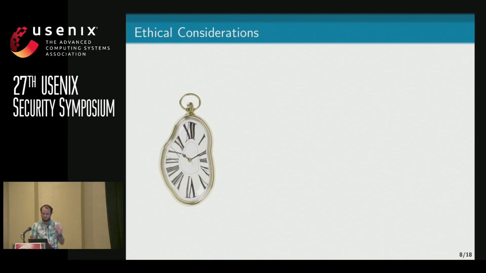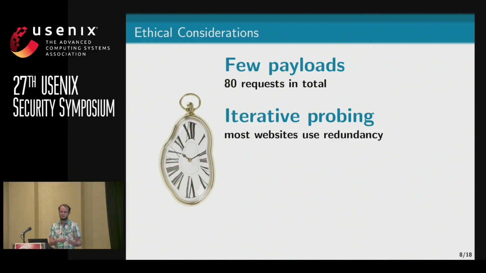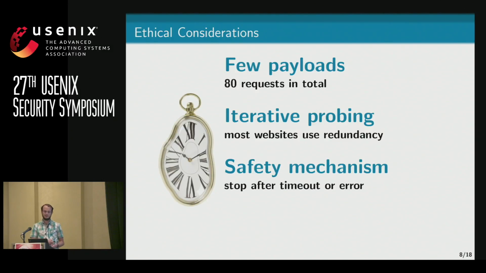So a bit about the ethics of analyzing live websites. In our experiments, we use very few payloads. We only have 80 requests in total. We send them sequentially in what we call iterative probing. So we start with the smaller payloads, and we increase the size, paying attention to both how long these requests take and whether the web server replies with an error.